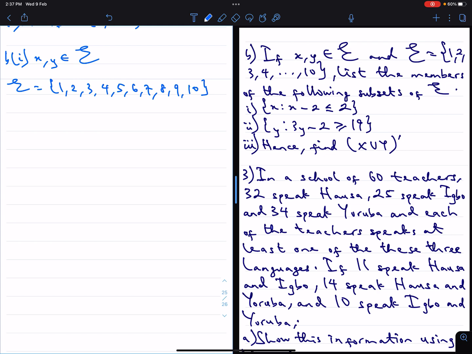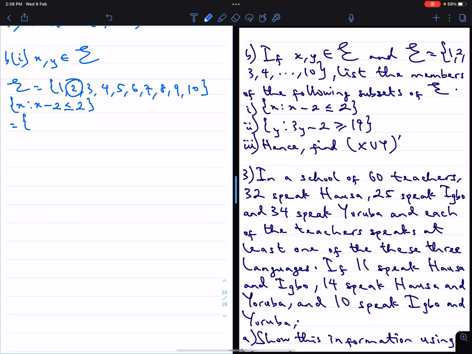And the set X is described as having elements x such that x minus 2 is less than or equal to 2. That means the elements of the set X: 1 minus 2 is minus 1. Minus 1 is less than 2, but is not an element of the set E. So it can't be an element of the set X because it's not in E.